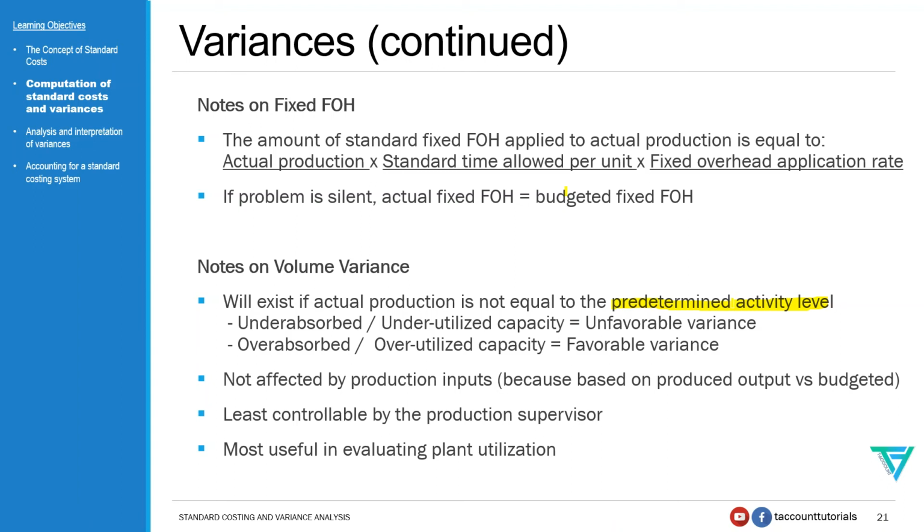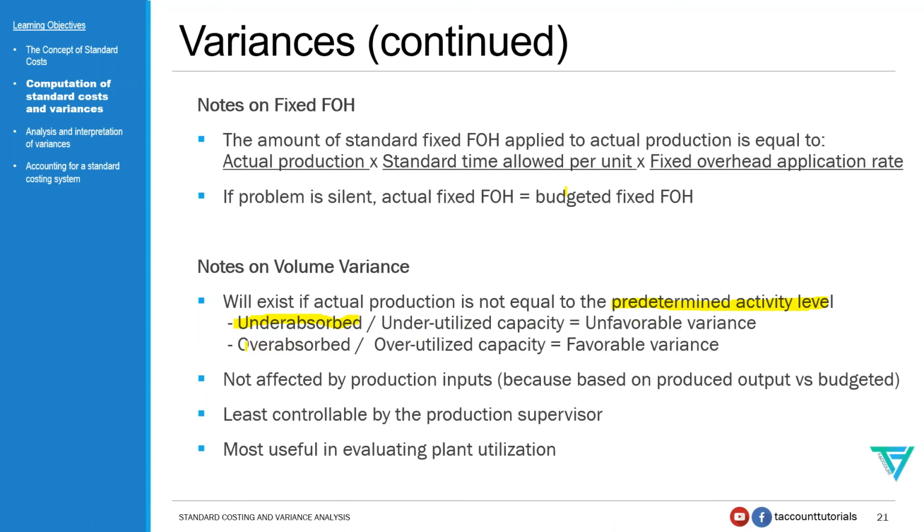Like for example, normal or budgeted activity level or plant capacity is at 10,000 units, whereas actual production is only at 9,000 units. So in that sense, if the plant has a capacity of 10,000 but only produce 9,000, it is underabsorbed or underutilized capacity of 1,000, which will lead to an unfavorable variance overall.